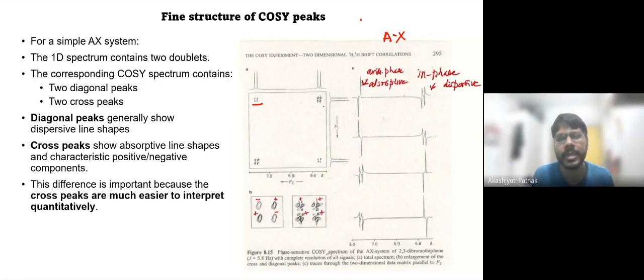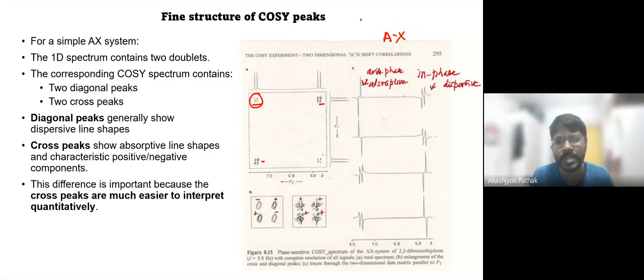So your diagonal peaks show dispersive line shapes, while the cross peaks show absorptive line shapes with characteristic positive and negative components.